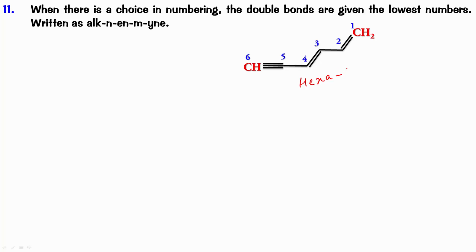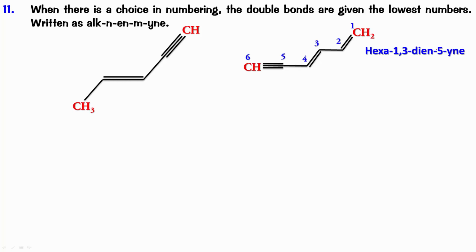Hexa-1,3-diene. Remember, you're not going to have the last E because the next one is an ine. Sounds as if I'm pronouncing it with a vowel. 5-ine. So the name goes like this. Try this one.